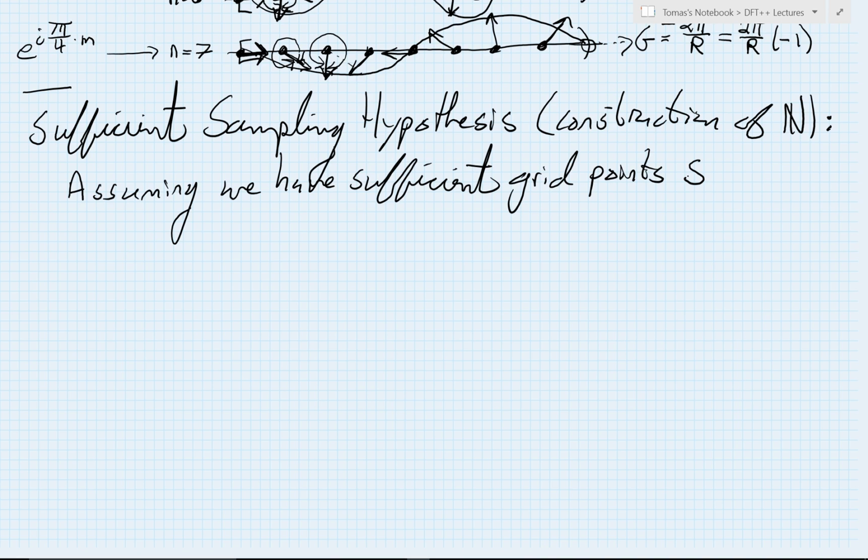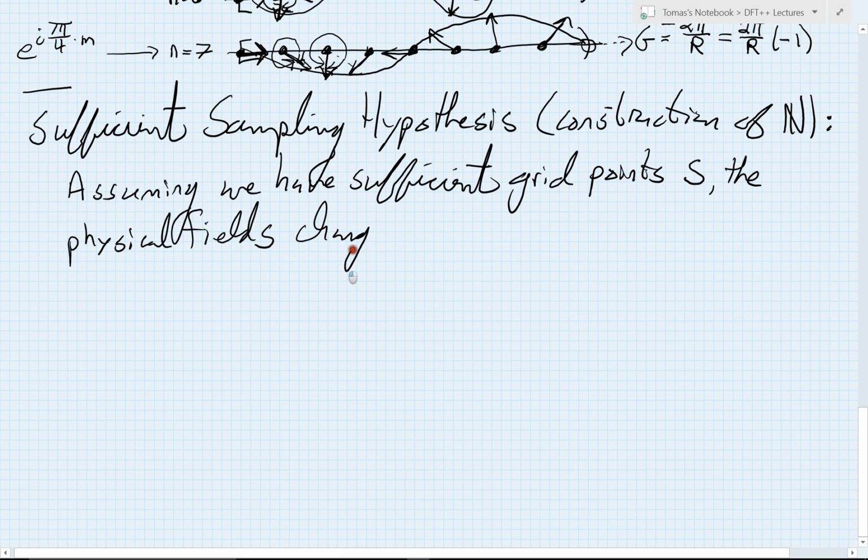So assuming we have sufficient grid points S, the physical fields, like the density, or the electrostatic potential, or the wave functions, change slowly between grid points.